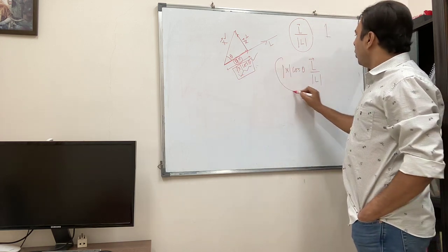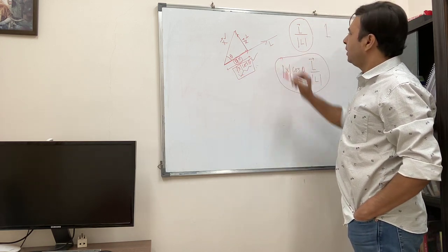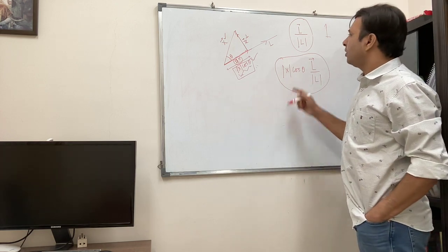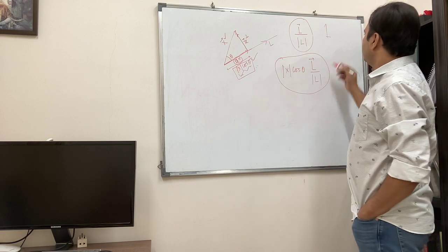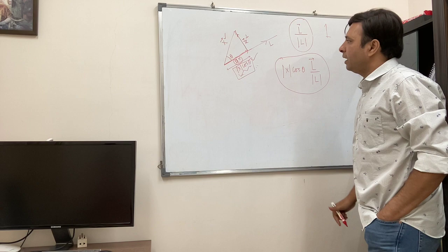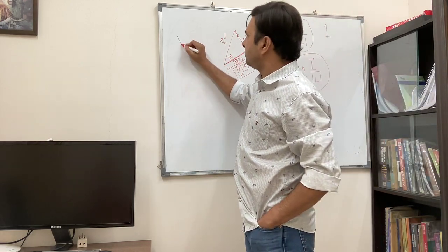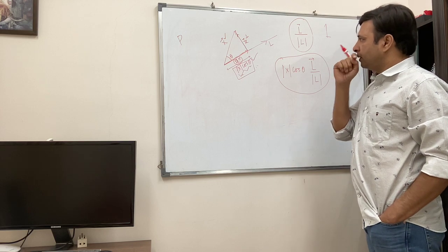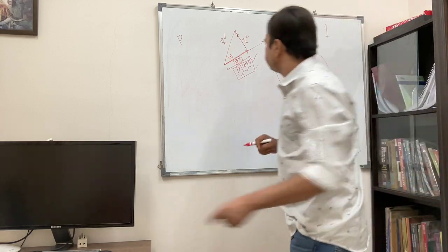All of this I can write in terms of a matrix, and if I am able to write all of this in terms of a matrix, then that matrix will represent my projection matrix P, which we are interested in. Okay, how should I go from here?